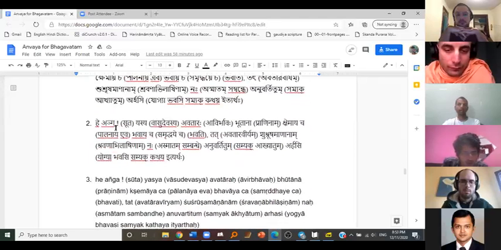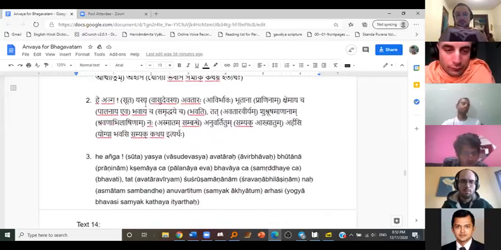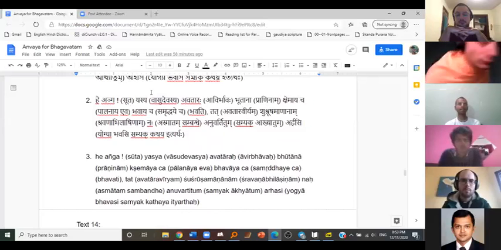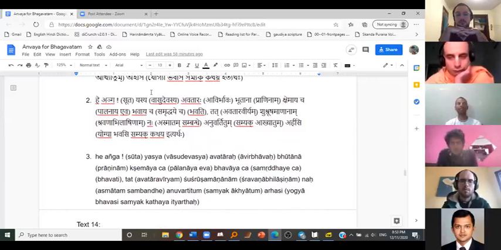Hey Aṅga, O Suta Goswami, there are two sambodhanas, addresses, which are very much used in Bhagavatam especially. One is aṅga and one is tāta, if you have noticed it.